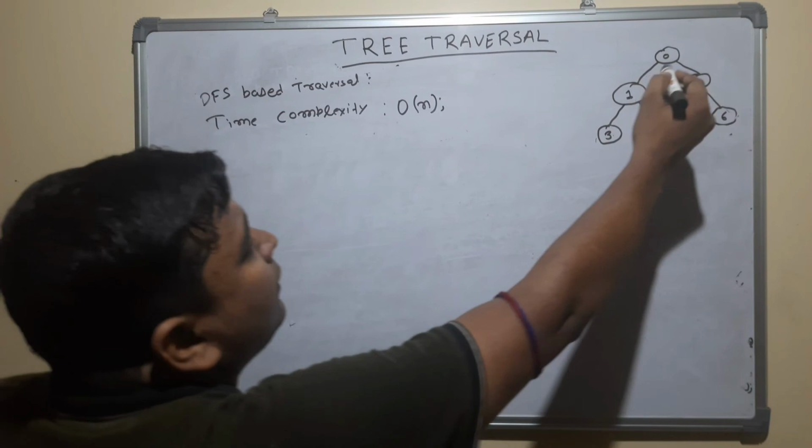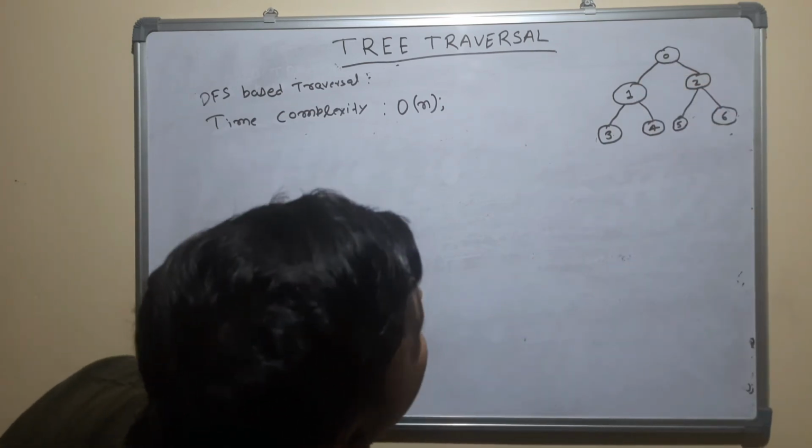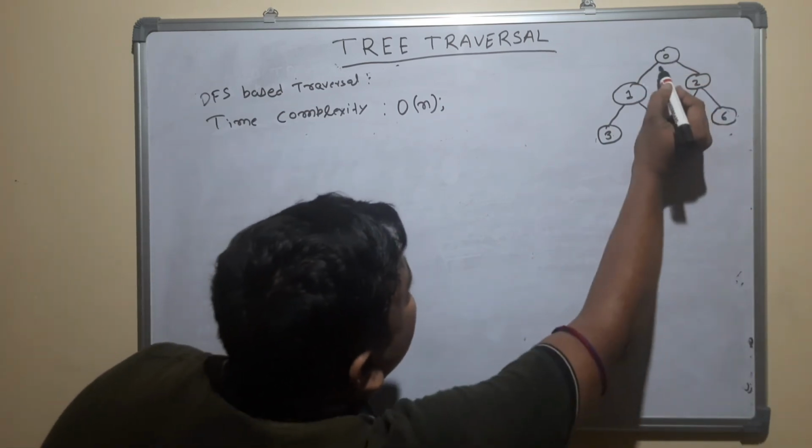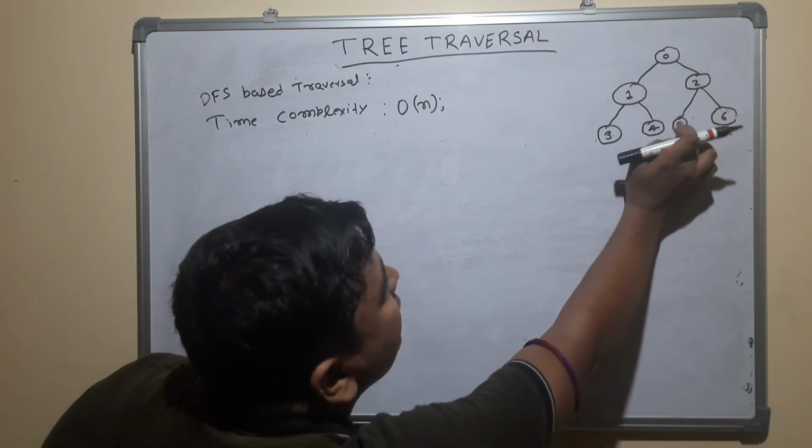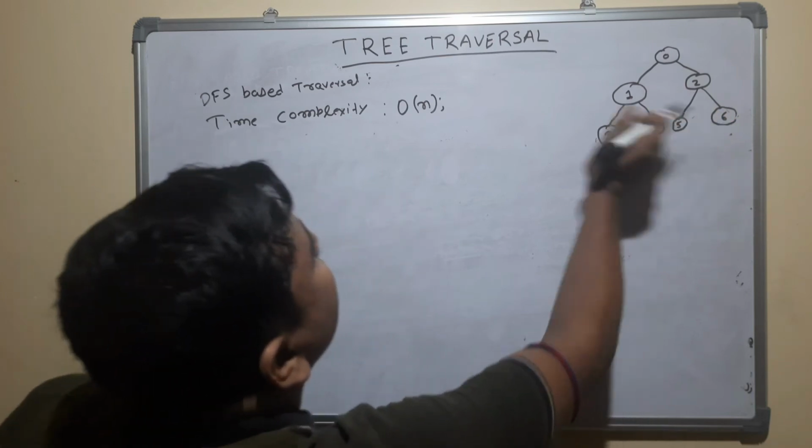N means the number of nodes. Basically what we are doing is going to all nodes. So however many nodes there are, that much time it will take to process.